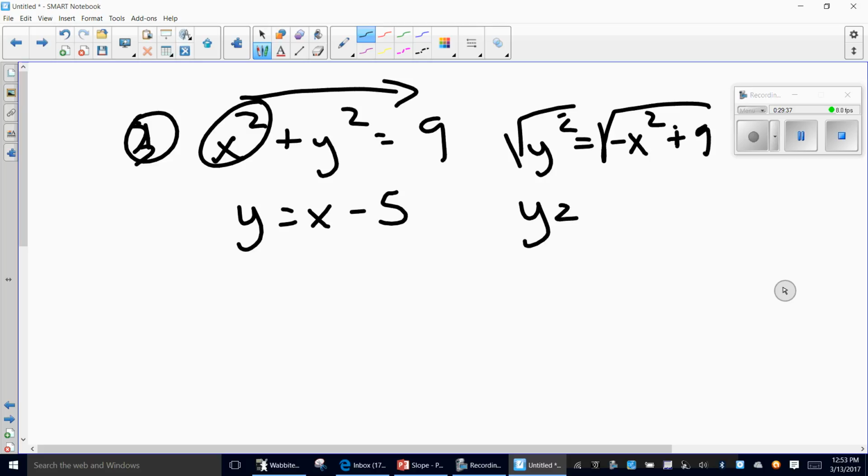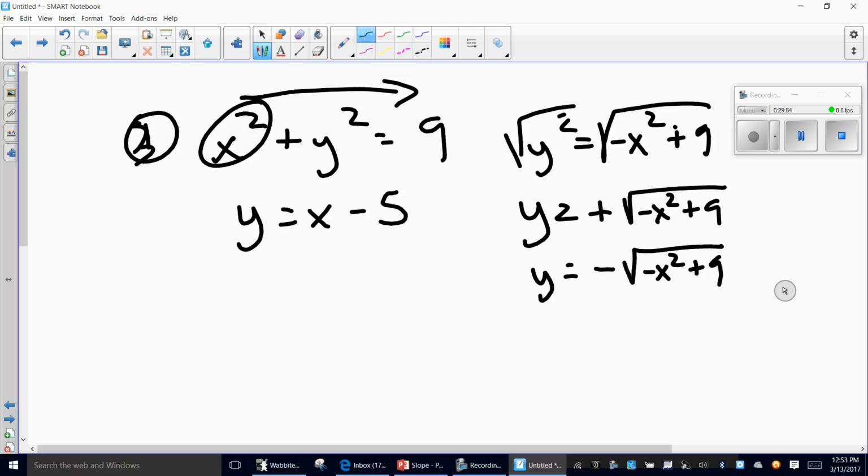Just know if you take the square root on one side and you take it on the other, it's got to be plus or minus. So you've got to put in a positive square root of negative x squared plus 9, and then you've got to put in a negative square root of negative x squared plus 9. Okay, any questions on that?